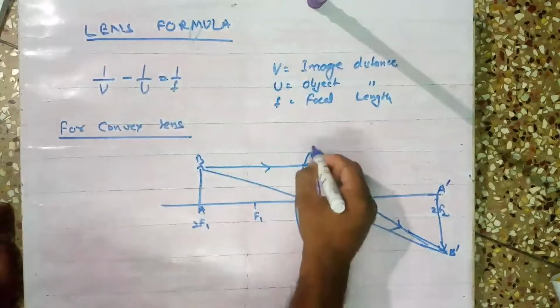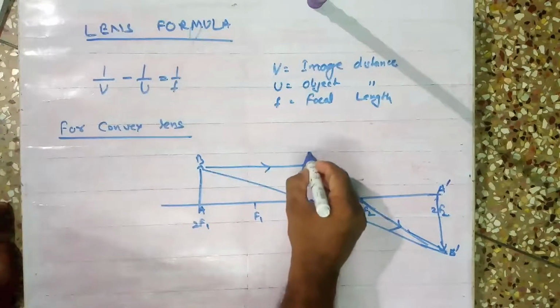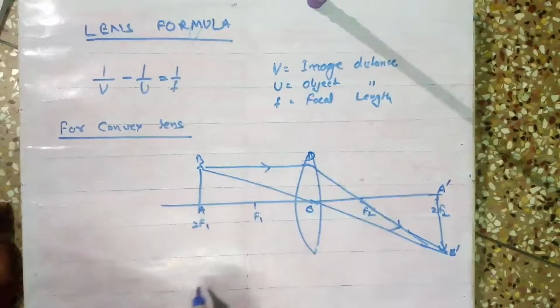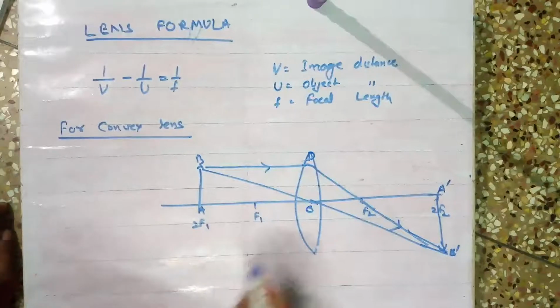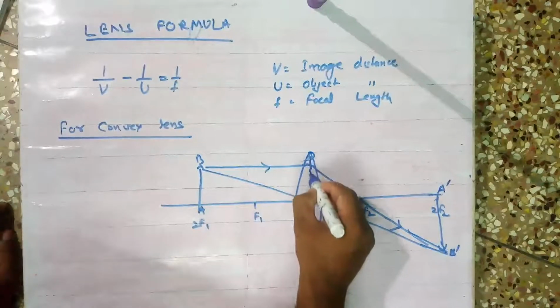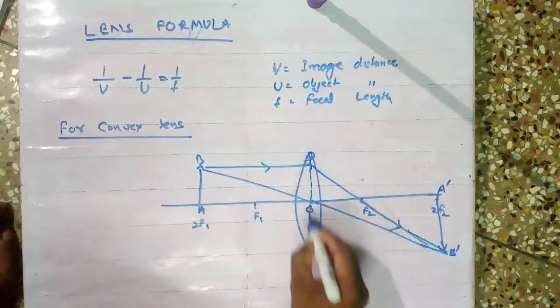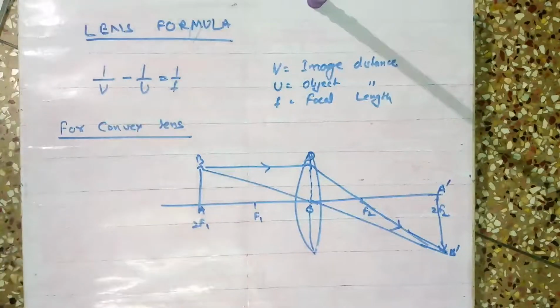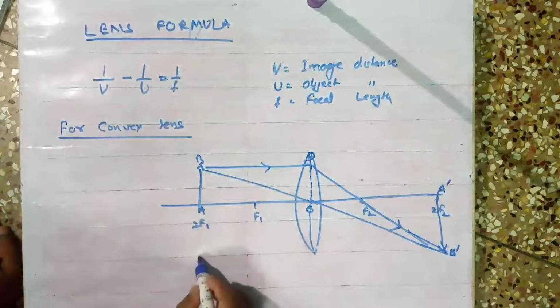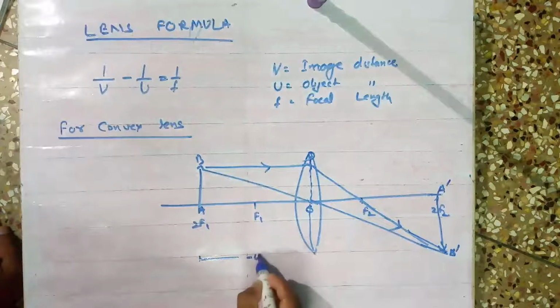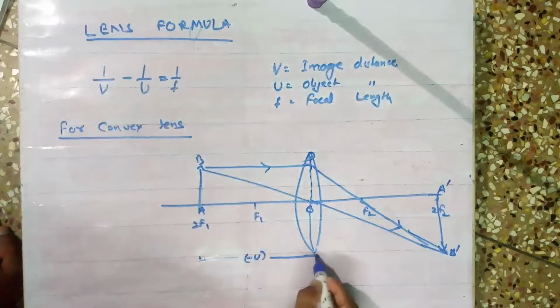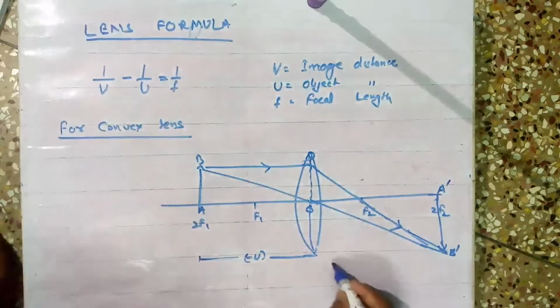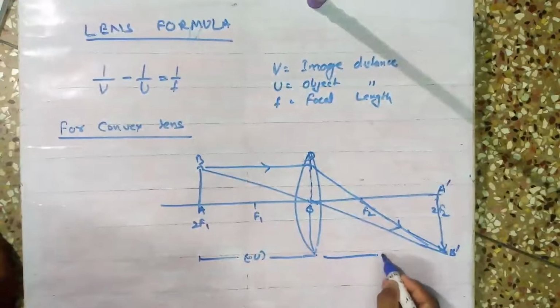This one you can take as D, okay. And this is the sign convention. As it's a thin lens, the optical center is taken on this line in the middle. Distances from here to here is minus U. Image distance is from here to here, V.